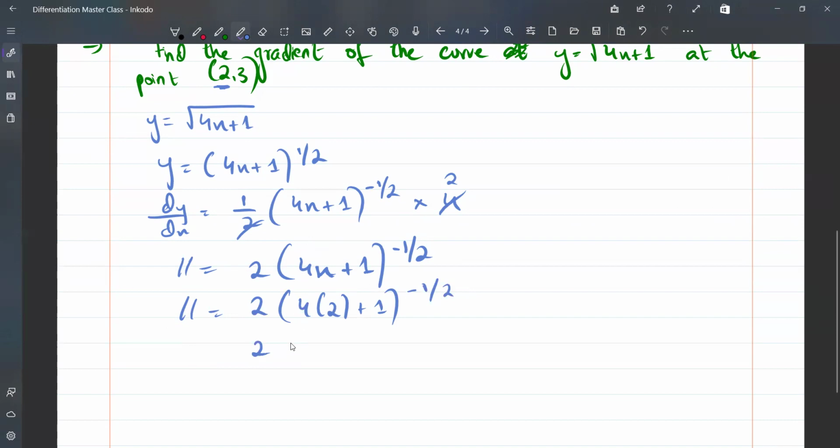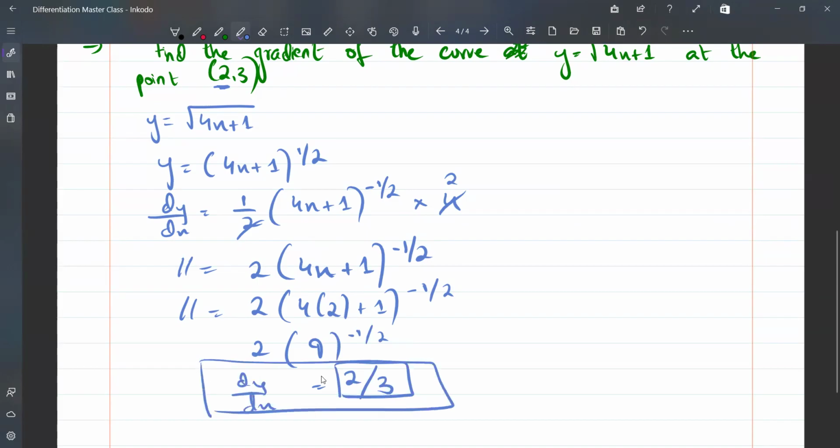So this is 9 to the power minus 1 upon 2, which is equivalent to 2 upon 3. This is our answer. I hope this model is crystal clear.